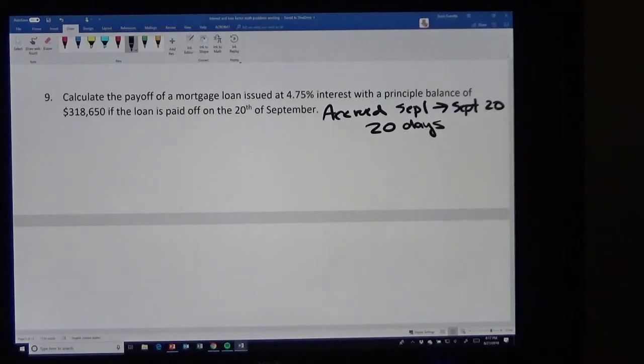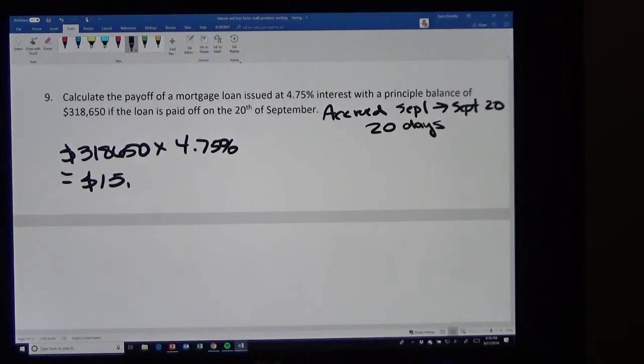So the first thing we need to do is calculate annual interest. Annual interest is going to be our loan balance of $318,650 times the interest rate of 4.75%. And that equals $15,135.88 per year.